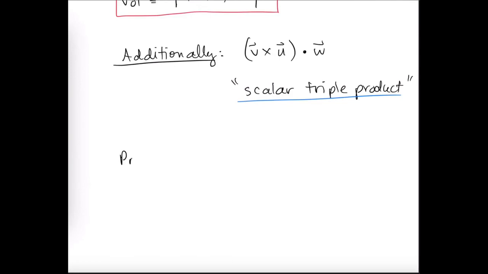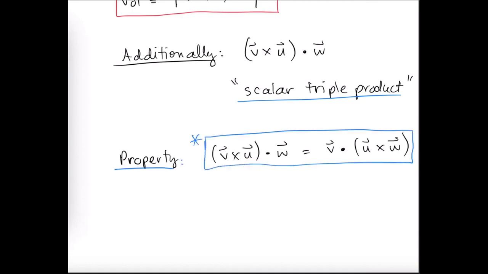And there is a property of cross products that states that when I'm looking at v cross u and then dotting that with the third vector w, that would give me the same scalar quantity as v dot the cross product of u cross w, right? So these quantities are going to turn out to be the same. And for right now in this video, we're just going to state the property without proving it.